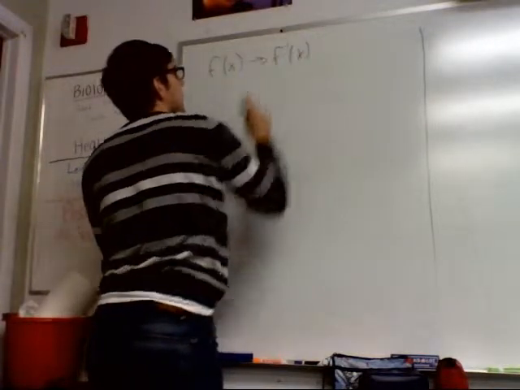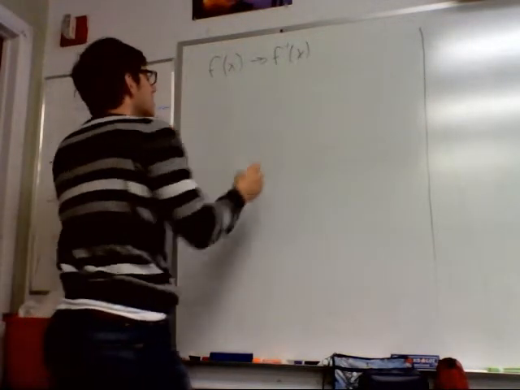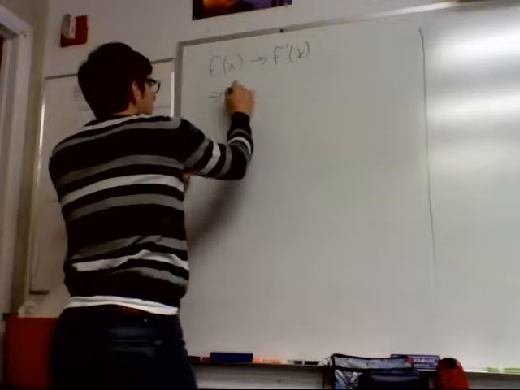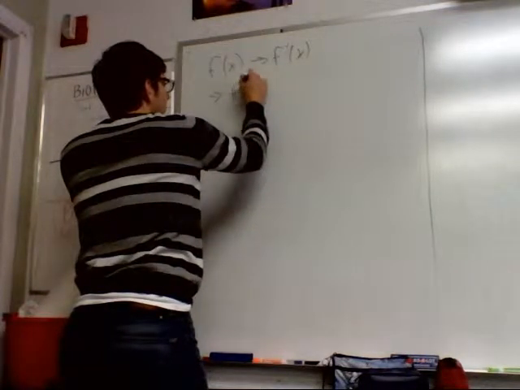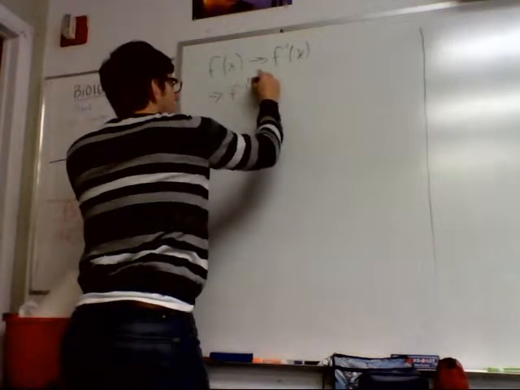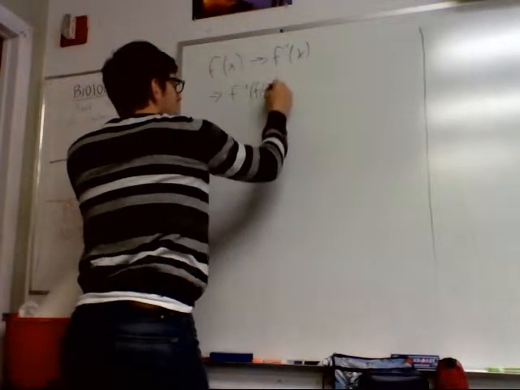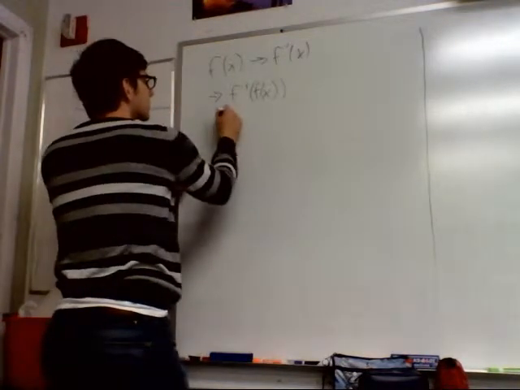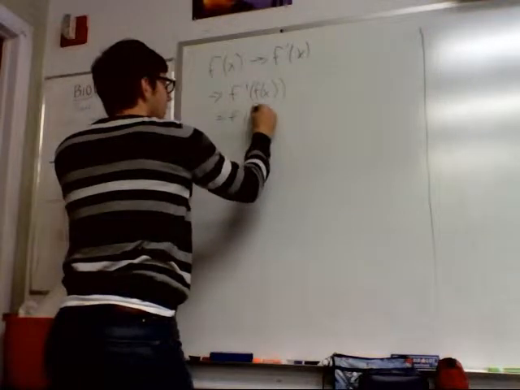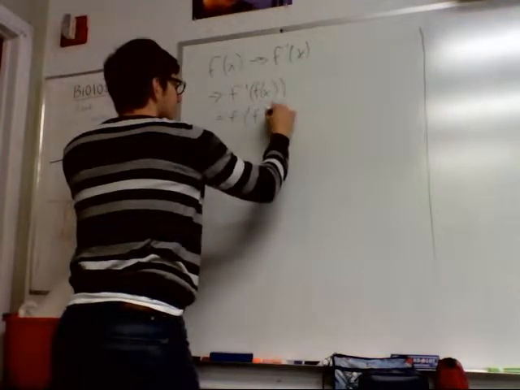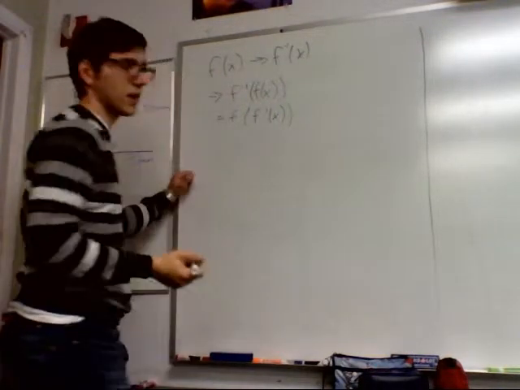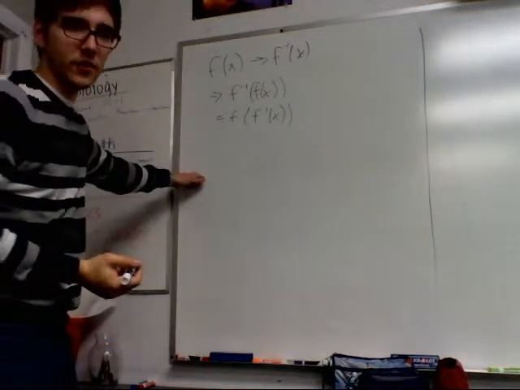I'm going to denote it by a -1, such that f minus 1 of f of x is equal to f of -1, which is f inverse of x. Okay, and those are inverse functions of each other.